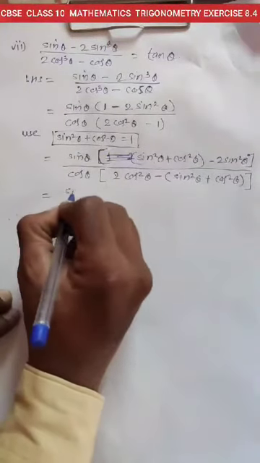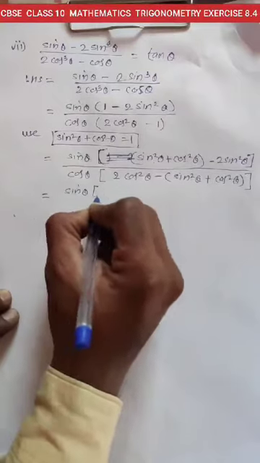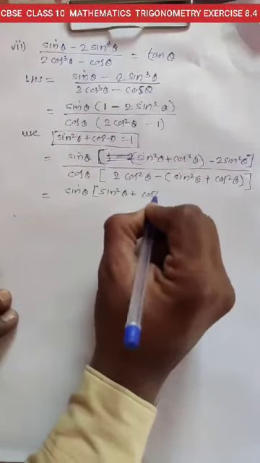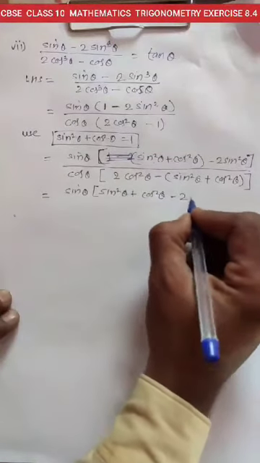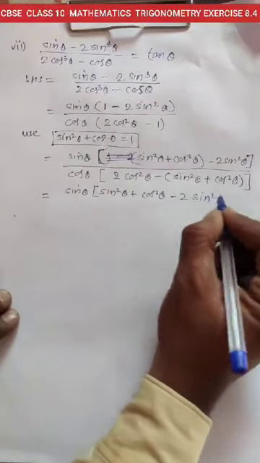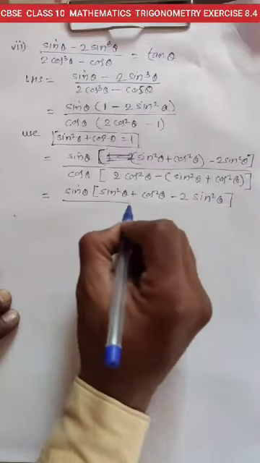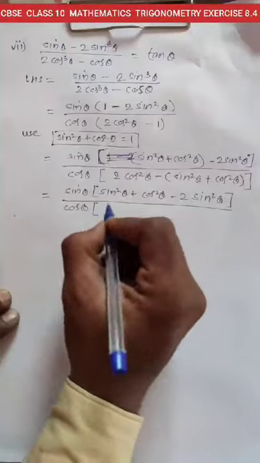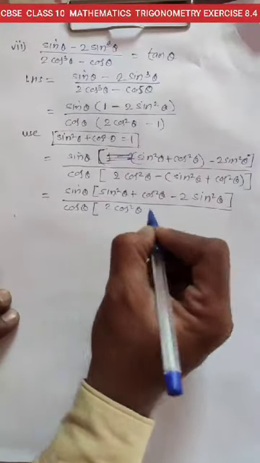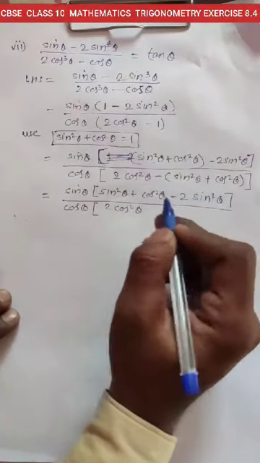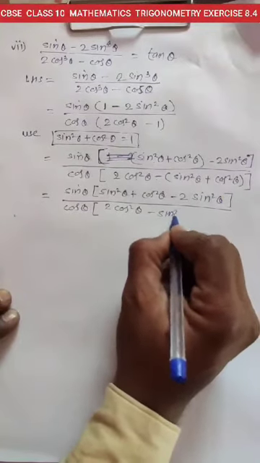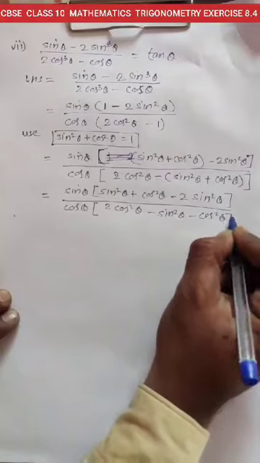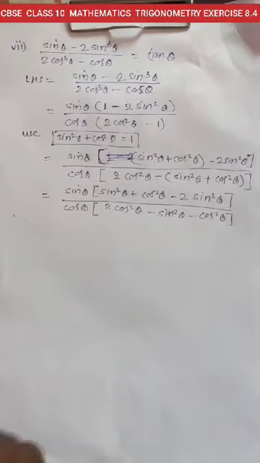So here sin theta, bracket: sin square theta plus cos square theta minus 2 sin square theta, divided by cos theta into bracket 2 cos square theta. Open this bracket with the negative sign, so minus sin square theta and minus cos square theta.